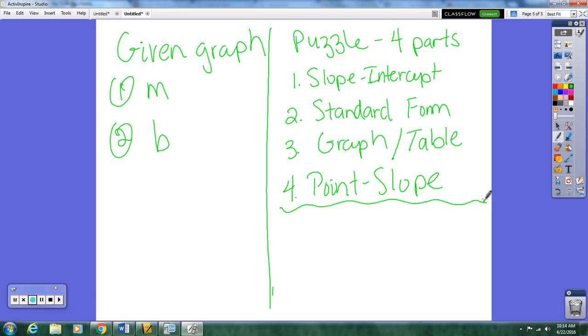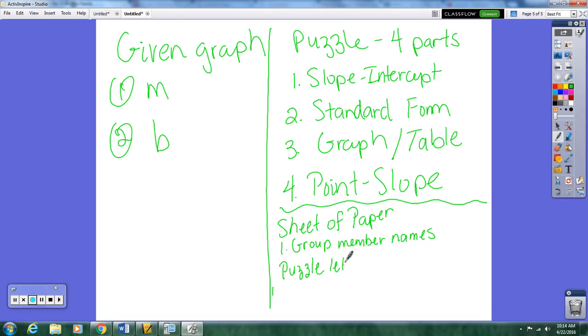So you're going to write down on a sheet of paper with all your group members' names. On a sheet of paper, you're going to do a couple things. You're going to have group member names, and then you're going to have the puzzle letters.